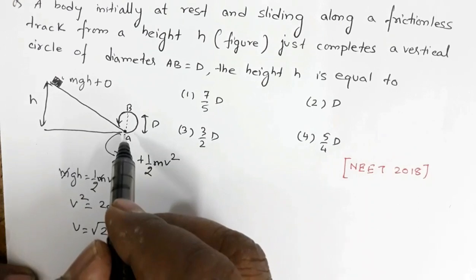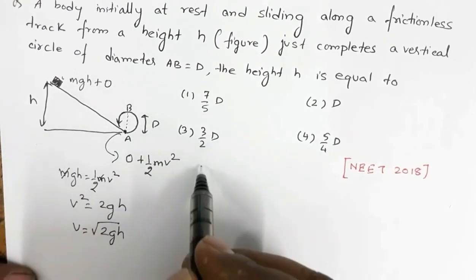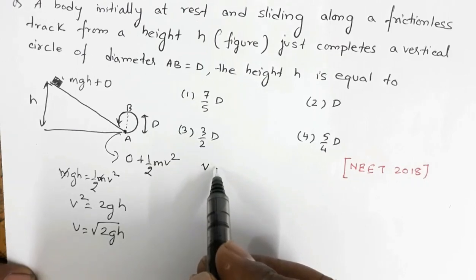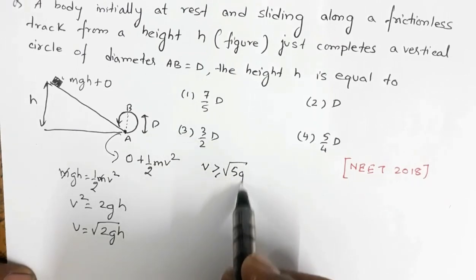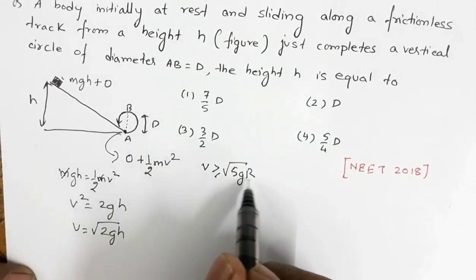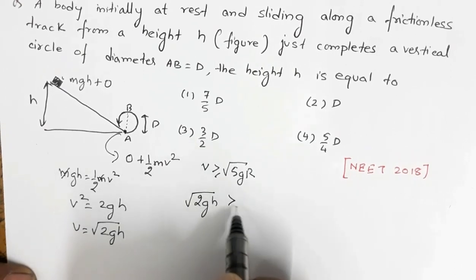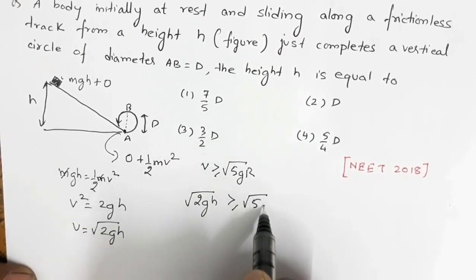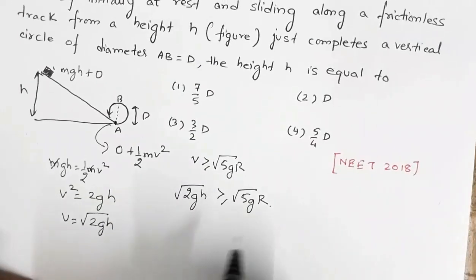So the condition for a body to complete the vertical circle is that the velocity at this point must be greater than or equal to square root of 5gr, where r is the radius. So that means 2gh should be greater than or equal to 5gr. So this gives h is equal to 5r by 2.